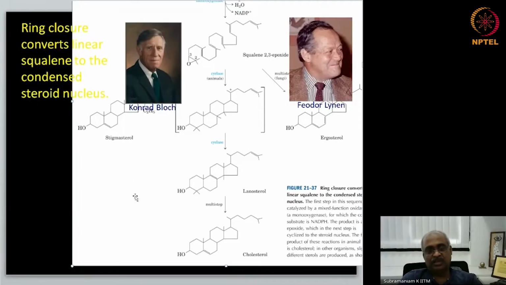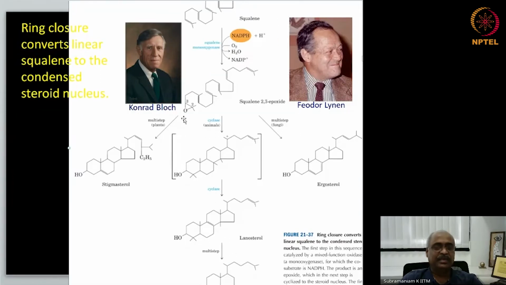Okay, and in plants a slightly different pathway makes stigmasterol. Plants do not produce cholesterol. So any vegetable oil advertisement that you see which says zero cholesterol, it doesn't mean that company has done anything special favor for you to remove cholesterol here.